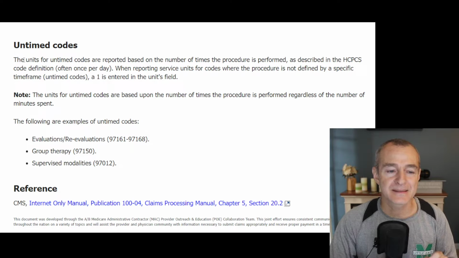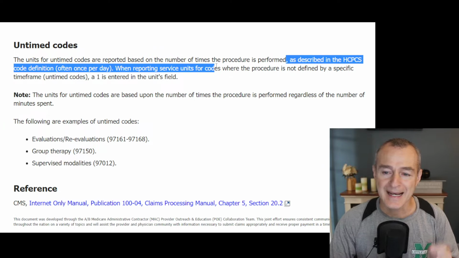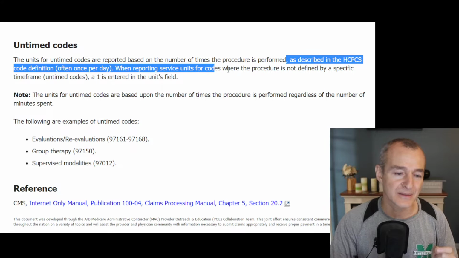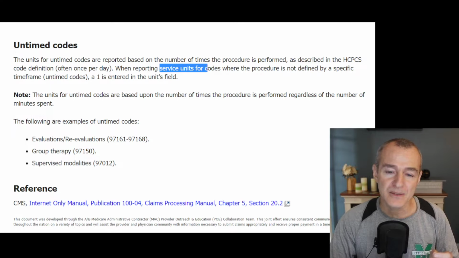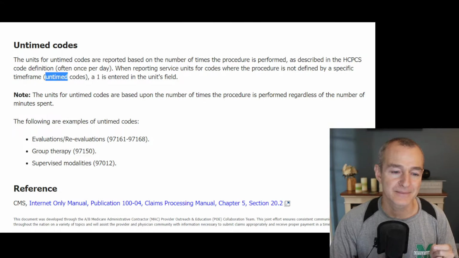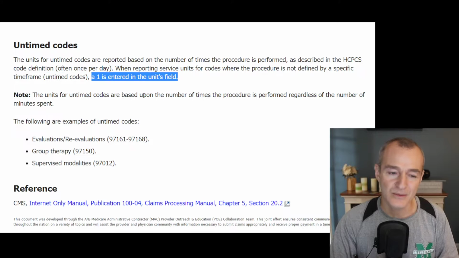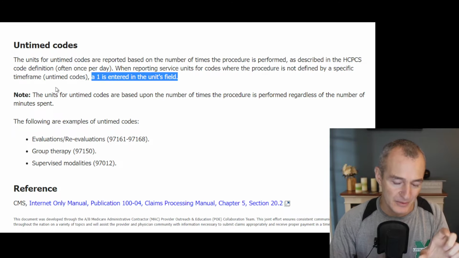So we can see here it says units for untimed codes are reported based on the number of times the procedure is performed, as described in the HCPCS code definition, once per day. When reporting service units for codes where the procedure is not defined by a specific time frame, i.e. untimed codes, a 1 is entered in the unit field. This is the important part here.